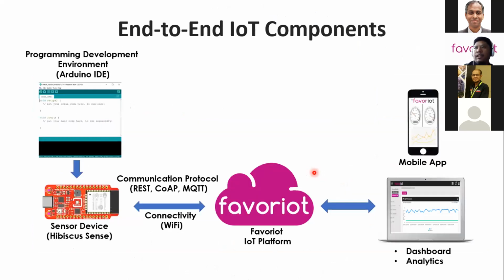This is the end-to-end IoT component that we're going to go through for today's hands-on: using Arduino IDE, uploading the code to the Hibiscus Sense, and using communication protocols such as REST, CoAP, and MQTT over Wi-Fi, and then pushing to the Favoriot platform. Next we will visualize all the data that we upload from this device to the Favoriot platform.